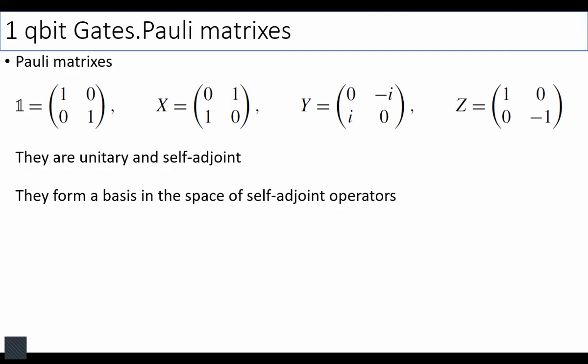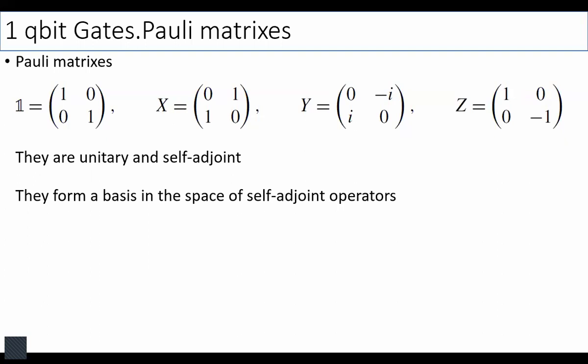Identity is 1, then there is X, the X gate. This is Y, so minus i, i, and this is Z. It has on the diagonal 1 and minus 1.